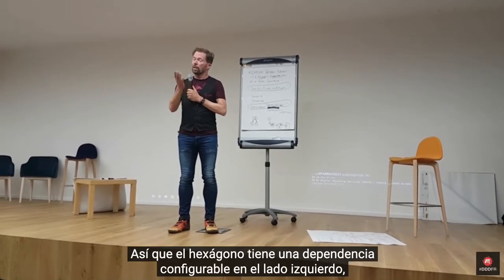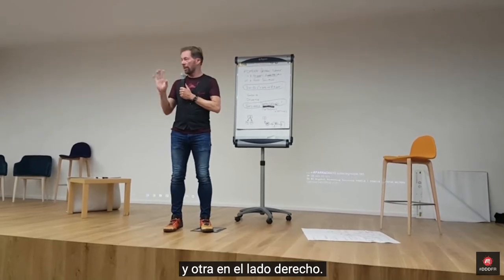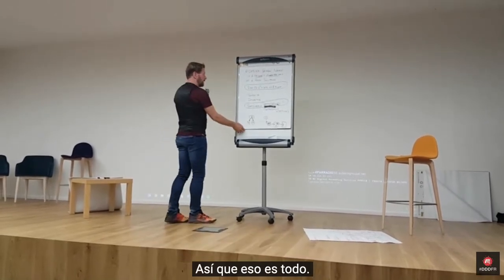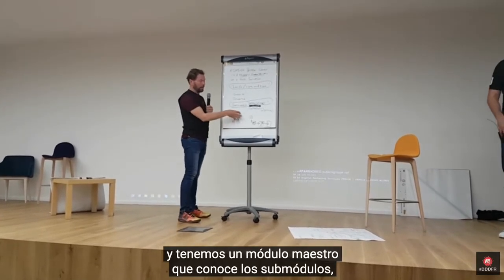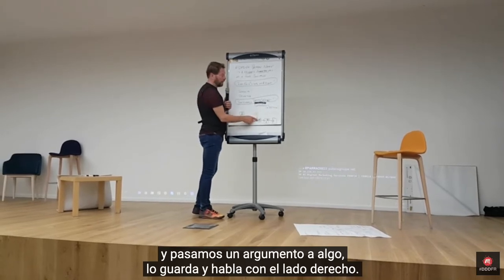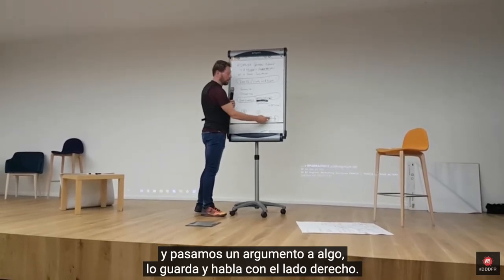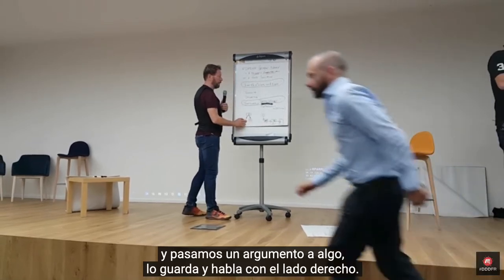So the hexagon has got a configurable dependency on the left side and the right side. On the left side, you sometimes have something like Spring Framework, where you've got a master module that knows the submodules, and sometimes you pass an argument into something and it stores it and talks to that. So the right-hand side is going to look like that.